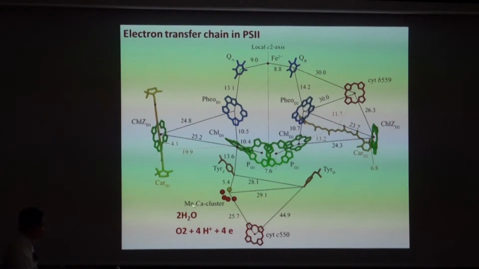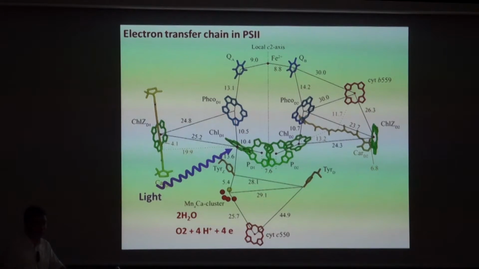And this is the arrangement of these cofactors. We call it the electron transfer chain in PS2. In the middle, there are 4 molecules in green, which are chlorophyll molecules.